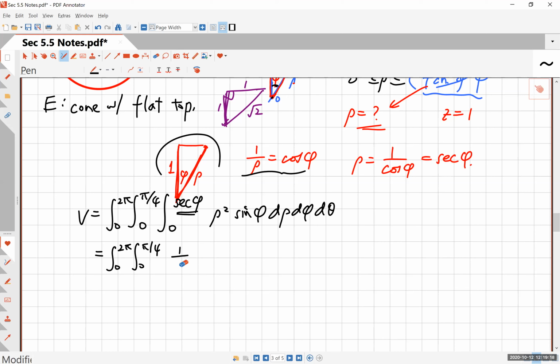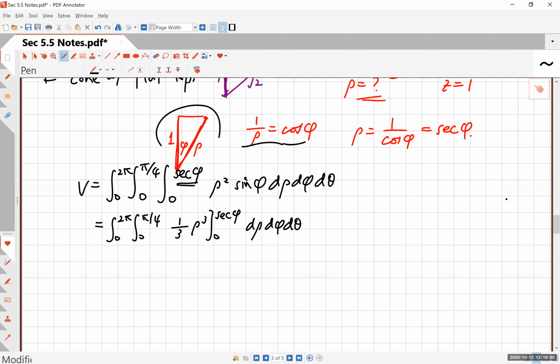It's 1/3 rho cubed going from 0 to secant. Maybe this one is kind of hard because you still have secant squared or secant cubed here. All right, so this is what you'll end up with. I'm talking and writing at the same time, it's hard to do.